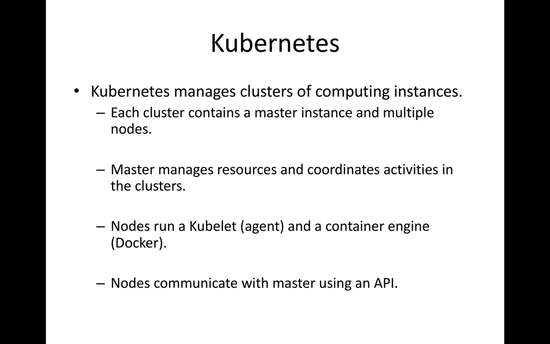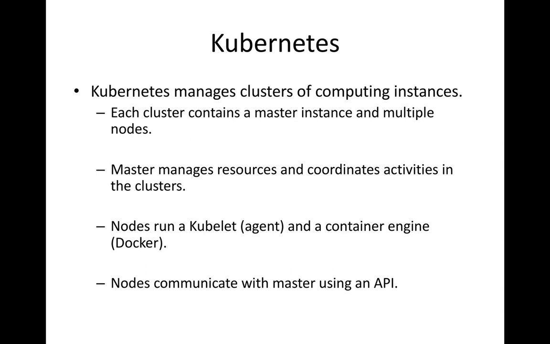Also, each of the computing nodes will run a container engine, such as Docker. And so the actual containers then will run on the computing instances. All of the computing nodes are communicating with the master using a Kubernetes API. That's what's used to coordinate and communicate how containers should run within Kubernetes.